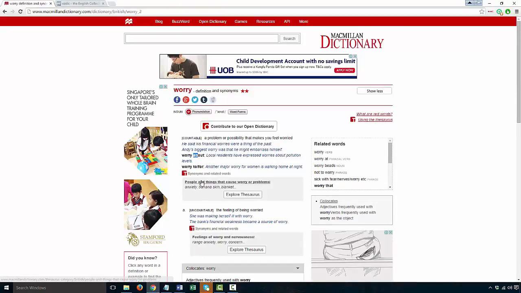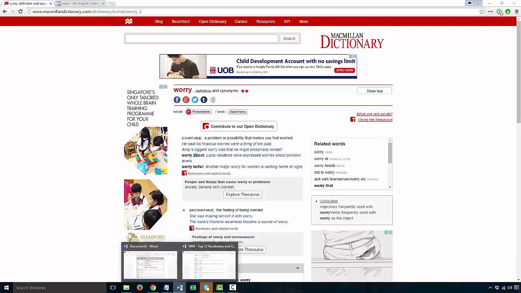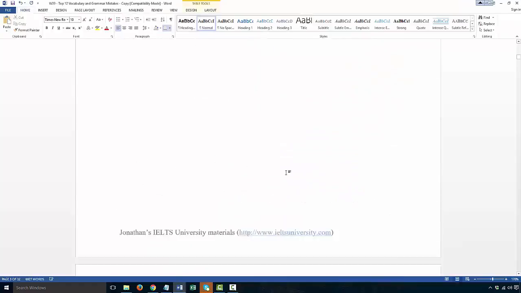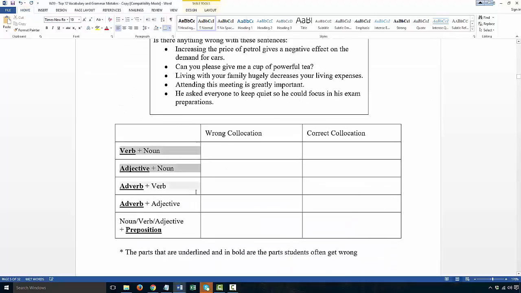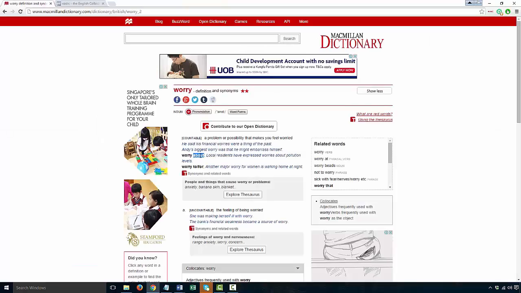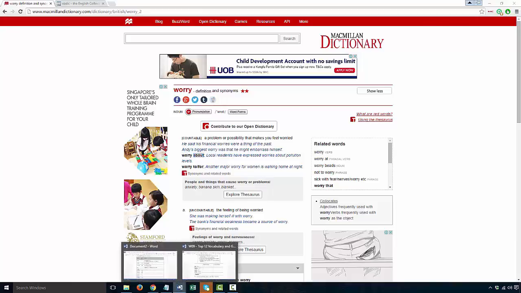Remember, I told you that I go to Ozdic for finding most of these collocations, but this Macmillan, a normal dictionary, normally does it quite well. And as you can see, they already tell you the preposition: worry about. So worry about is possible, using the preposition after that. The collocation before could be express, so express worry about.